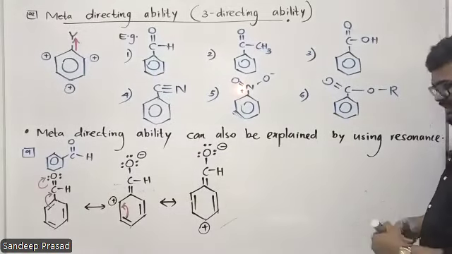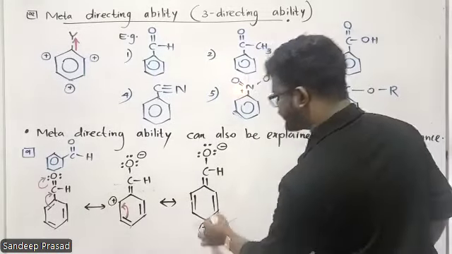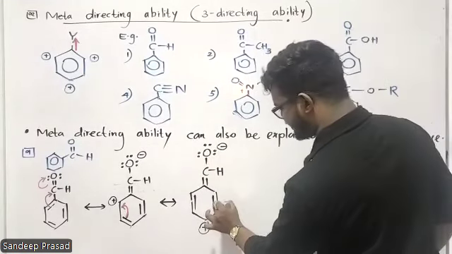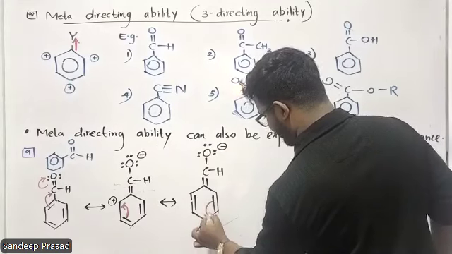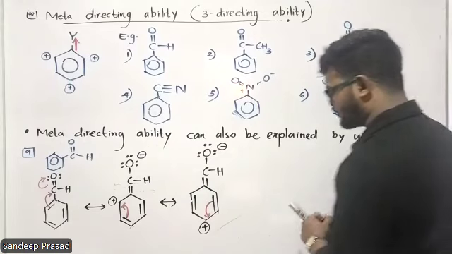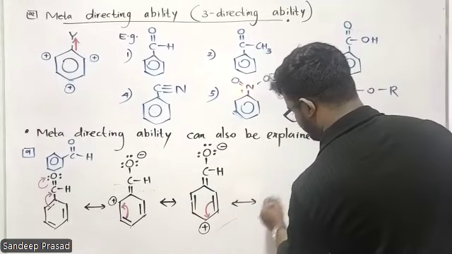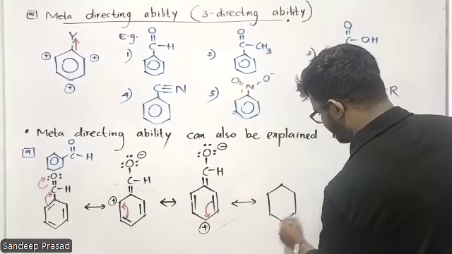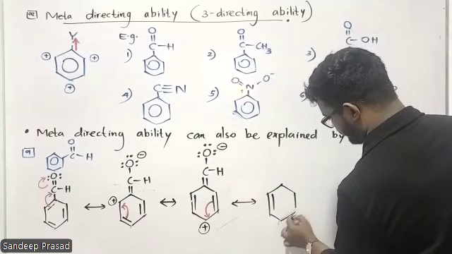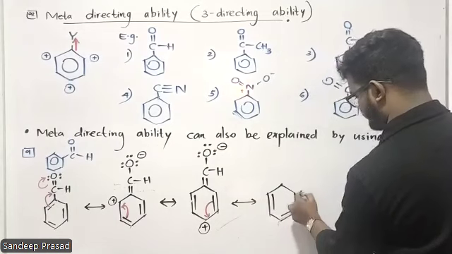Okay. Then, in order to complete the electron deficiency in this para position, what will happen? This bond is breaking and giving electrons to these two carbon atoms. Right. Then you can see that the next ortho position is positively charged.